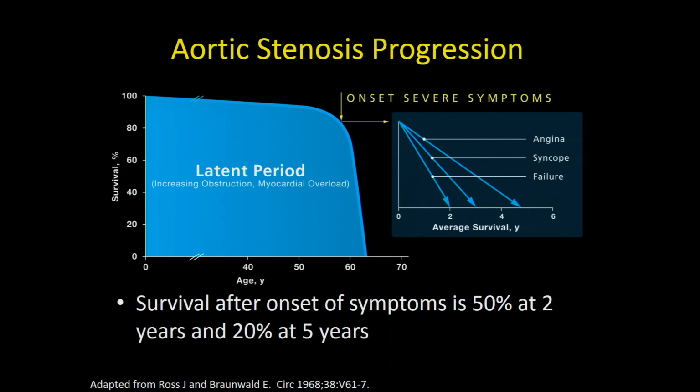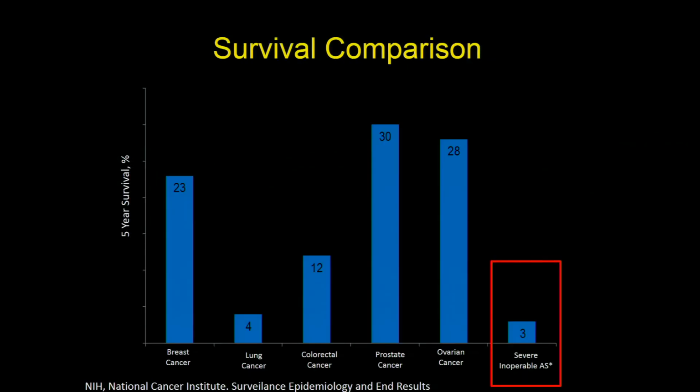If we don't intervene, believe it or not, the mortality for aortic stenosis is worse than some cancers. If unoperated, 50% of patients may be dead at 2 years. That's a pretty significant statistic. If you compare other conditions that we may think of as being more ominous or having a worse survival, like ovarian cancer or lung cancer, we actually see a similar very low survival at 5 years with severe aortic stenosis.